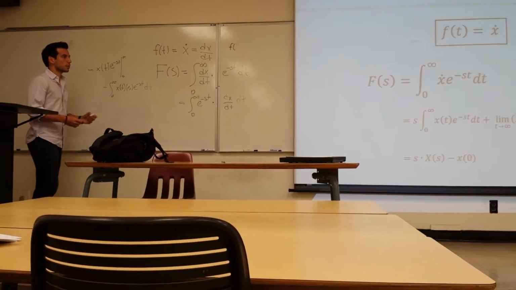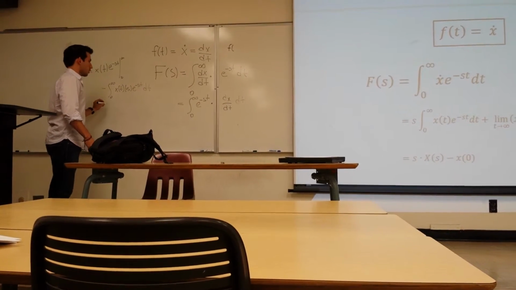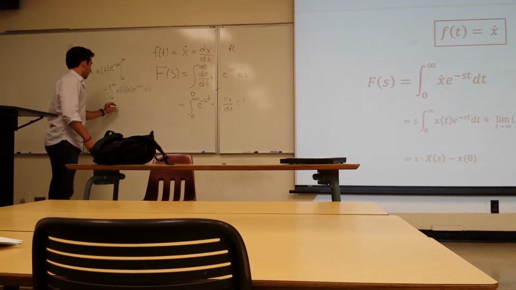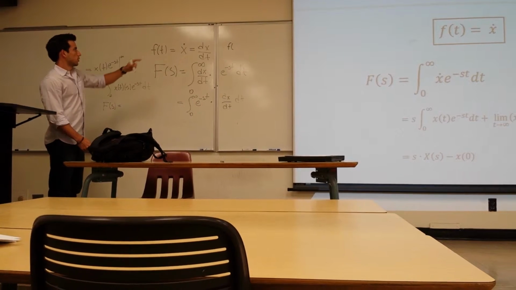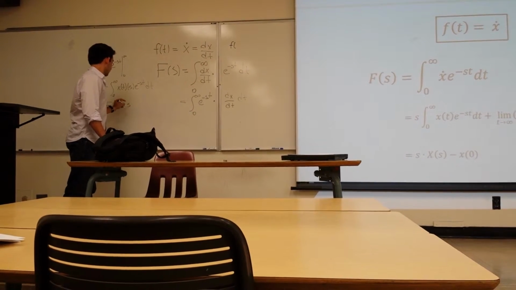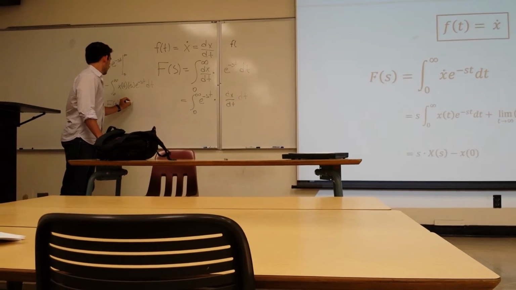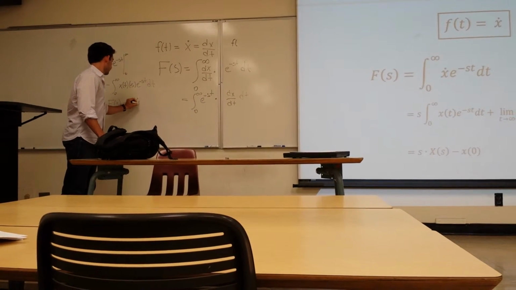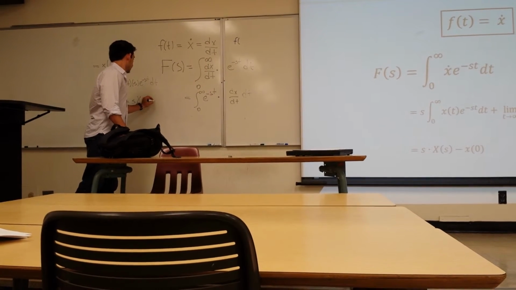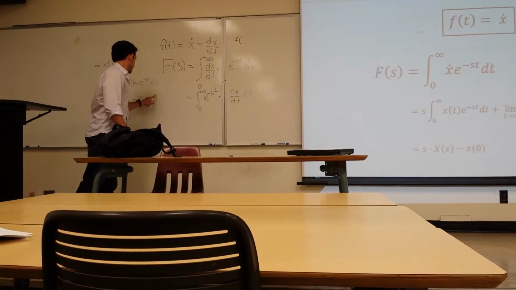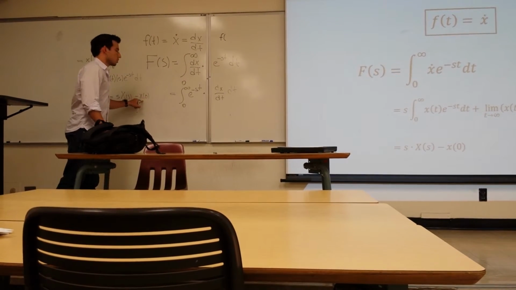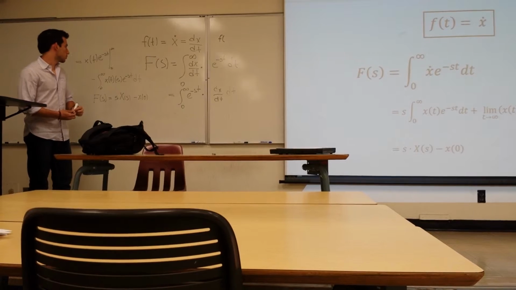If we just keep working on this, we're going to notice that the Laplace transform of a derivative with respect to time is just going to be the operator s times the Laplace transform of that function, subtracting a particular condition when t is equal to 0.